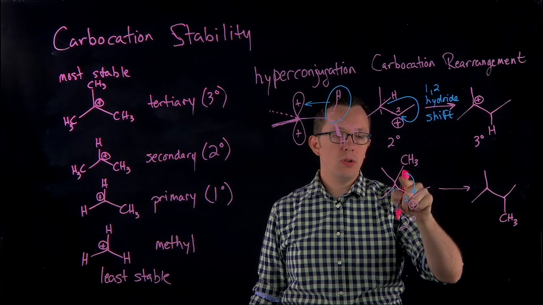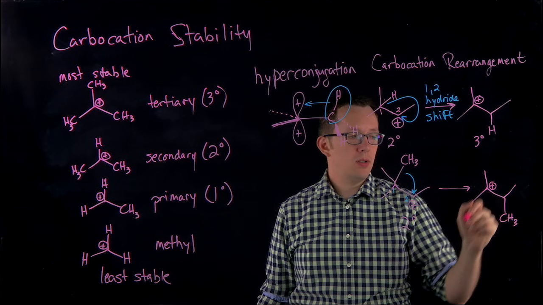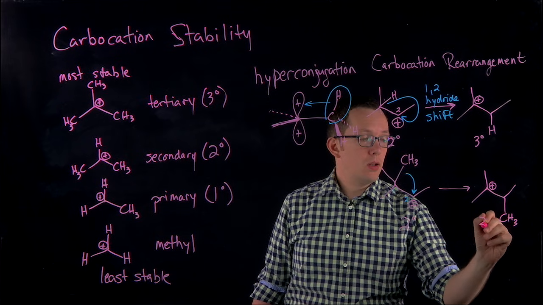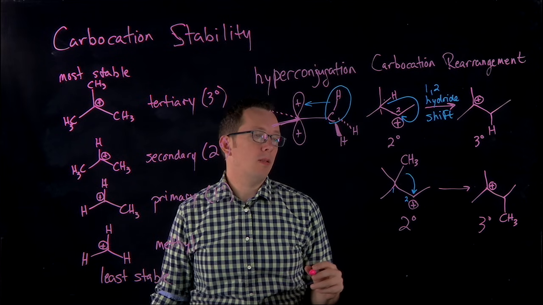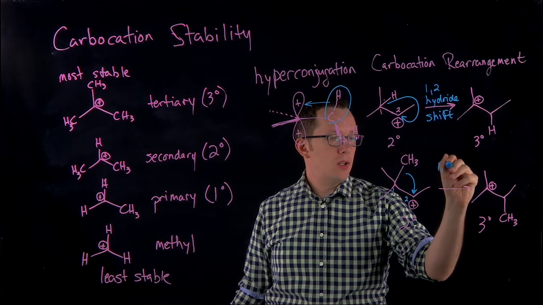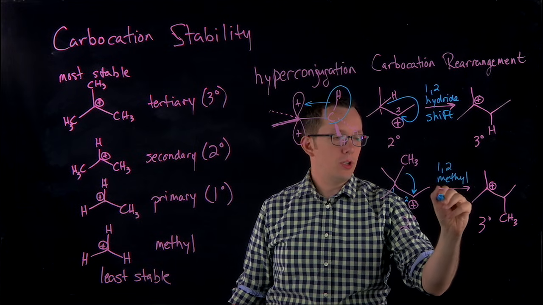Well, we broke this bond here, so we're leaving an empty orbital at this position. So now we have a carbocation at this position, which is a tertiary carbocation. Okay, what we're going to name this reaction, this is a 1,2 methyl shift.